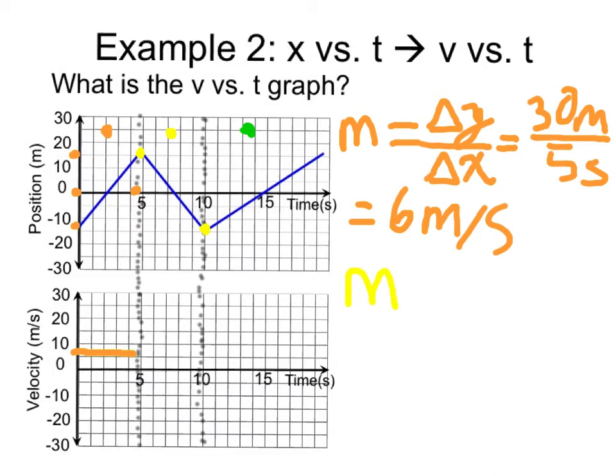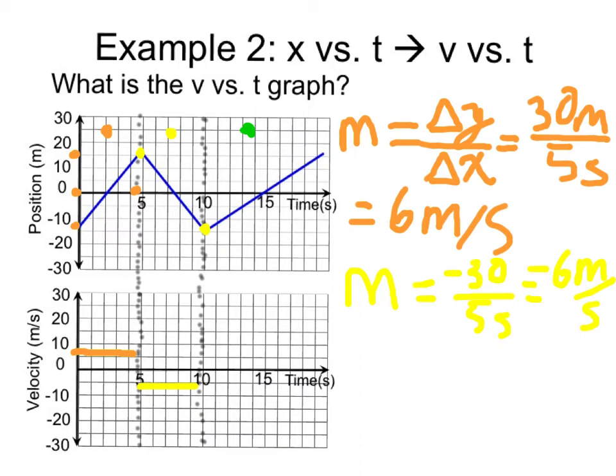Notice that change, since we went from positive to negative, is going to be a negative number, so my slope this time is negative 30 over 5 seconds, or negative 6 meters per second. And so on the velocity graph, I find negative 6. Slope is constant since it's a diagonal line. There we go. And now for the green part of the graph.